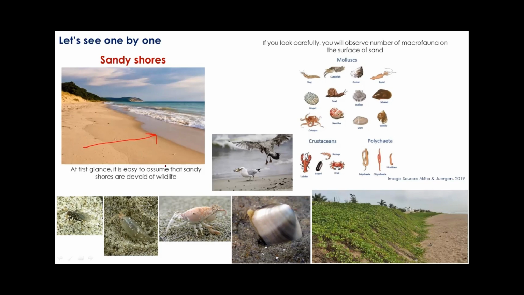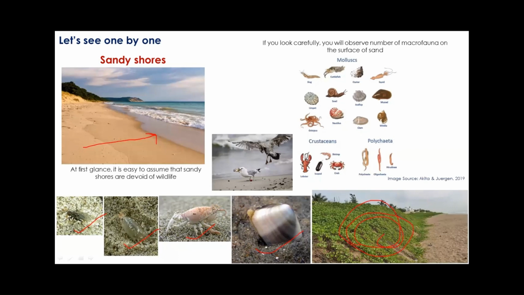If you look a little carefully, you will observe a number of macrofauna on the surface of the sand, right? That includes insects or striders. Then you will also see some amphipods, crabs, mussels, and then of course the coastal vegetation, different salt marsh plants or plants adapted to sandy areas.